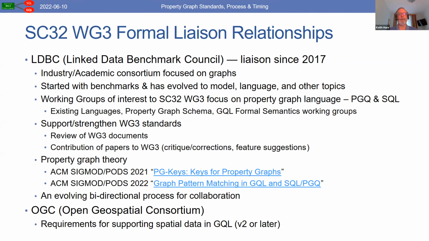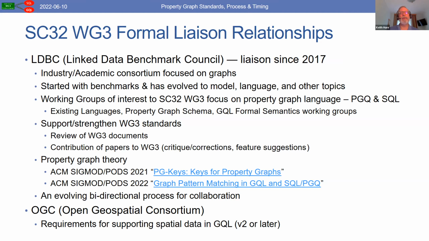We also have some liaison relationships. You guys might have heard of an organization called LDBC, the Linked Data Benchmark Council. And over the last couple of years, that's been more active and less active. Among other things, we've produced a couple of papers. The one that George is going to talk about in a bit, PG keys, and one that was presented this week at SIGMOD on the graph pattern matching in GQL and SQL PGQ.